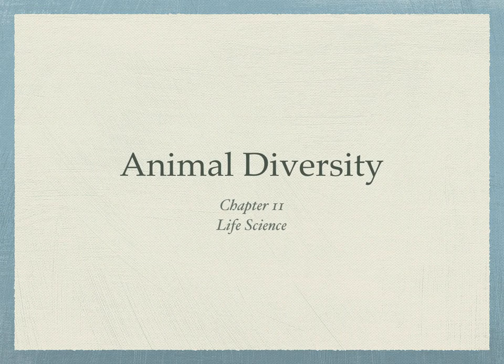All right, so this is chapter 11, and in chapter 11 we're going to talk about animal diversity. So there are some characteristics that all animals or almost all animals show. The first of those is that all animals are multicellular.